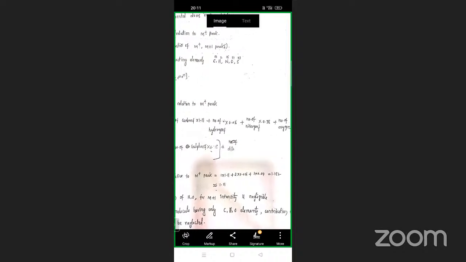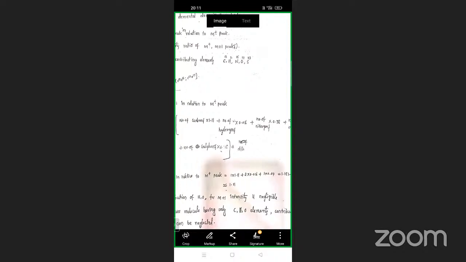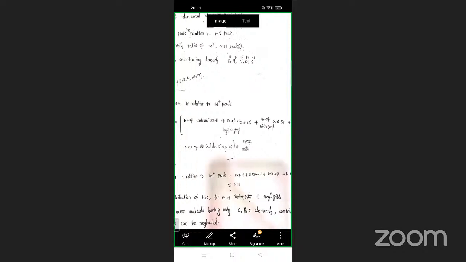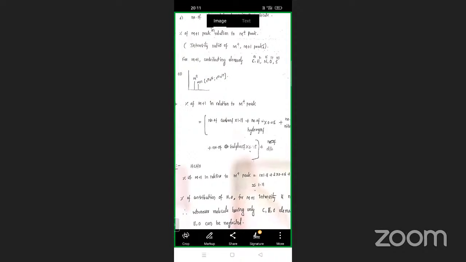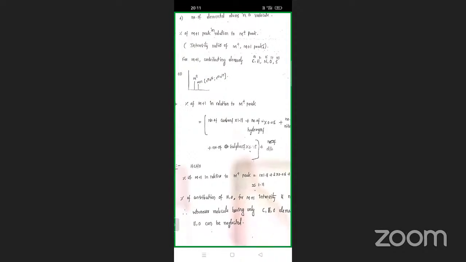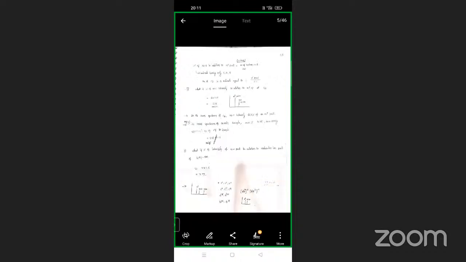Okay, so it is 1.182, right? So roughly it is 1.1. So the presence of your M+1 peak intensity is 1.1. Here also, you have so many examples.